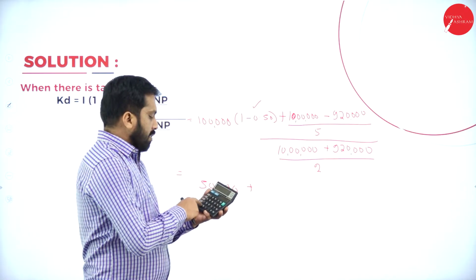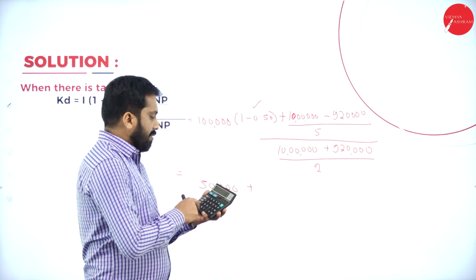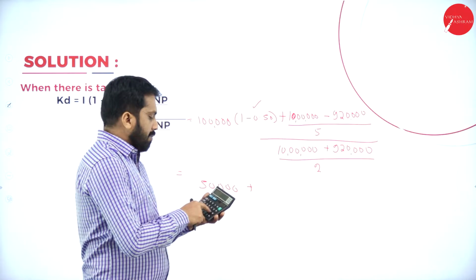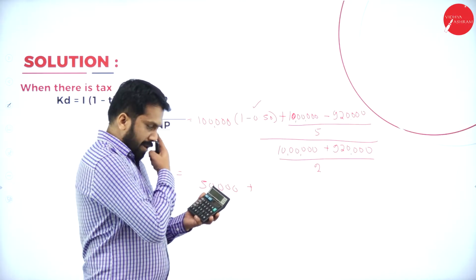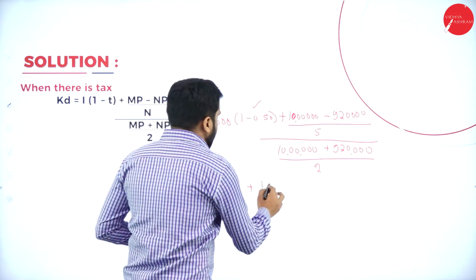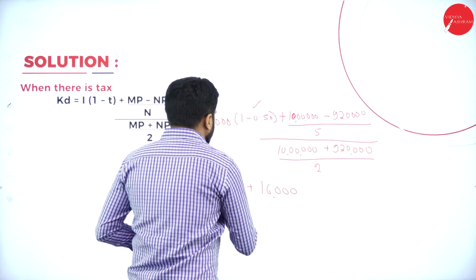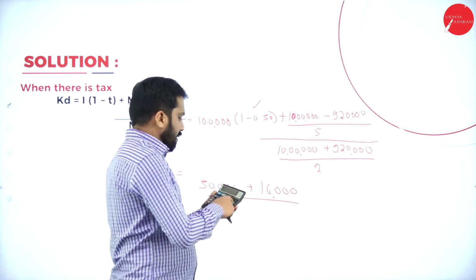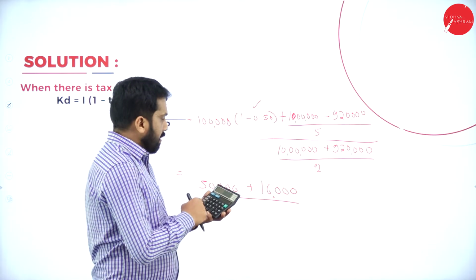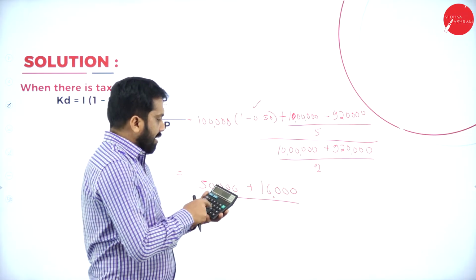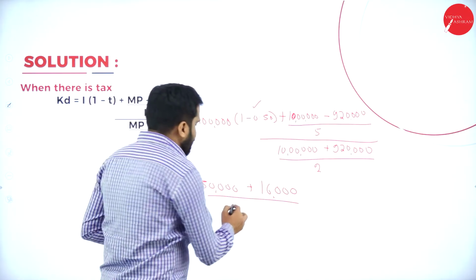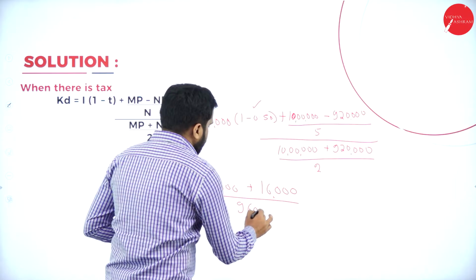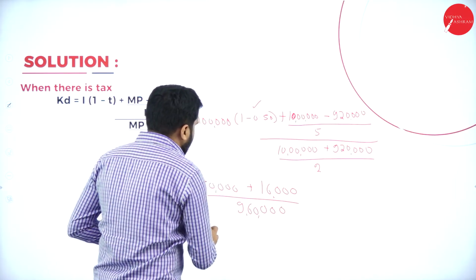Simplify. 10 lakh minus 9,20,000 divided by 5. You will get 16,000 divided by, again, 10 lakh plus 9,20,000 divided by 2. You will get 9,60,000. So what is your answer?